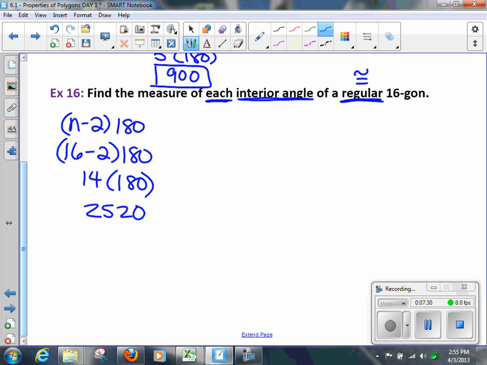I have to find each angle, so I'm going to divide it by 16, since it has 16 sides. Each angle in that 16-gon is 157.5 degrees. Folks, does that make sense? Why am I dividing?